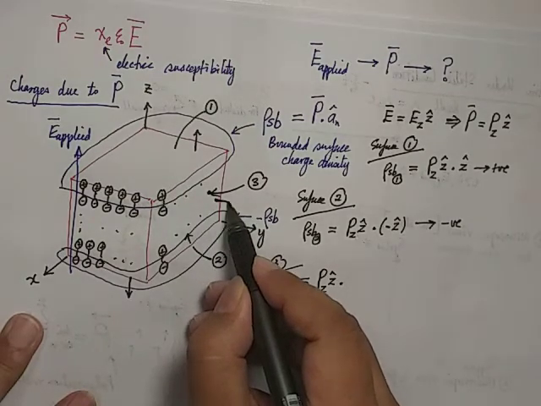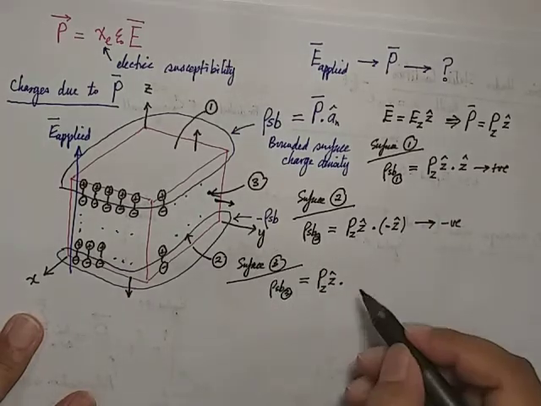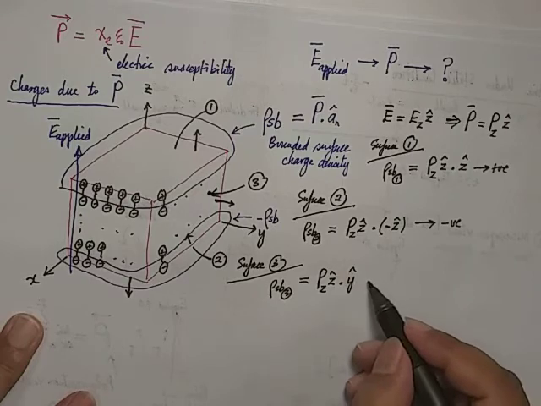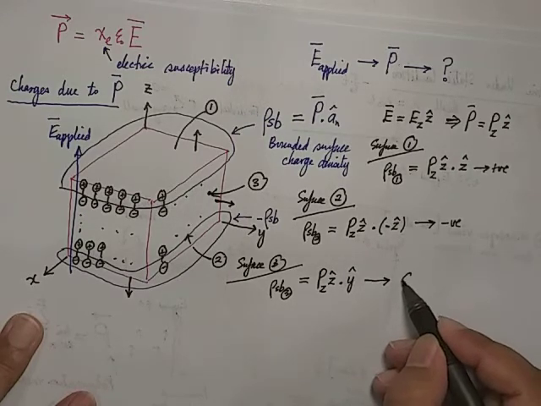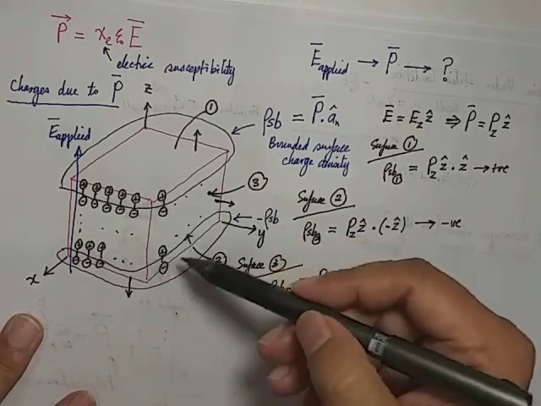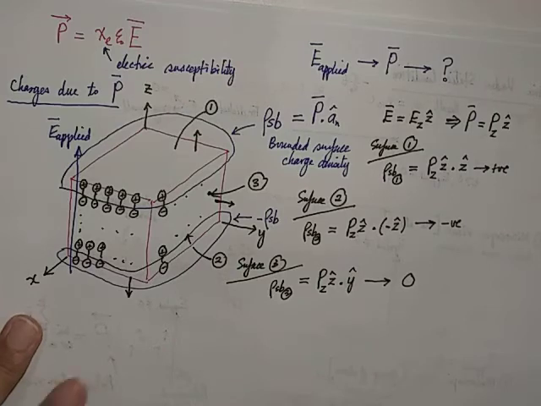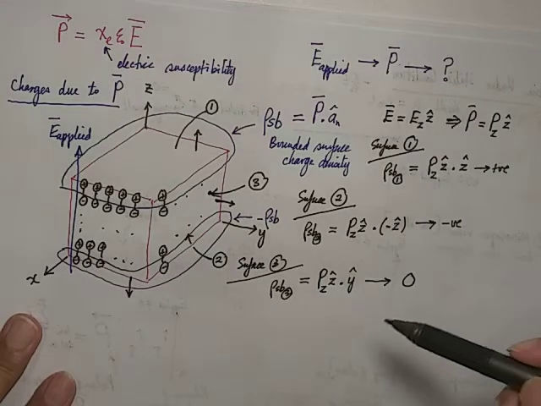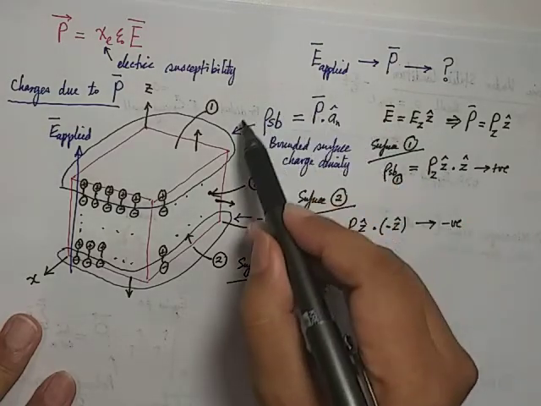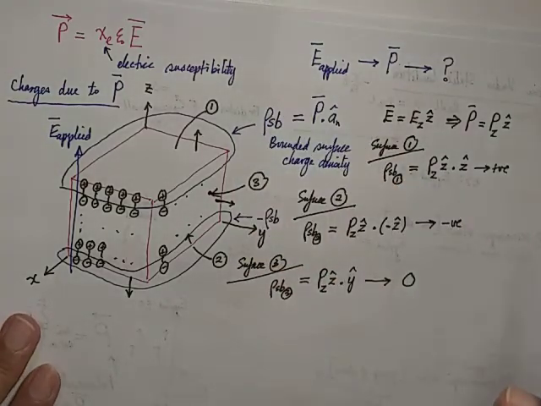So what it means here, pointing away should be in the y direction. Now if you do the dot product z dot y, the final result will be 0, and you see that at that side there's no bound surface charge appearing in that model. In other words, that is the way we calculate the surface bound charge using this equation. That should be the first type of charge introduced when the dielectric is exposed to an electric field.